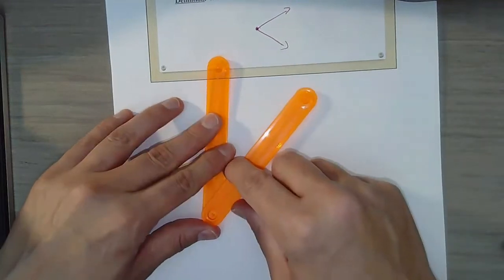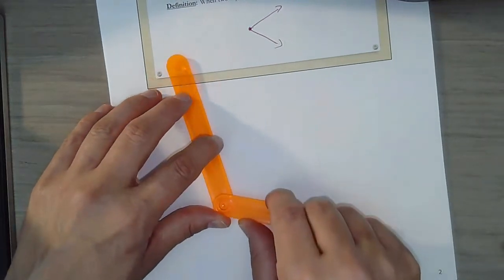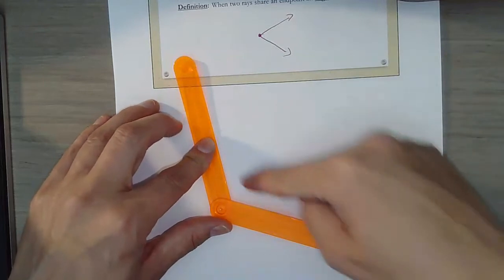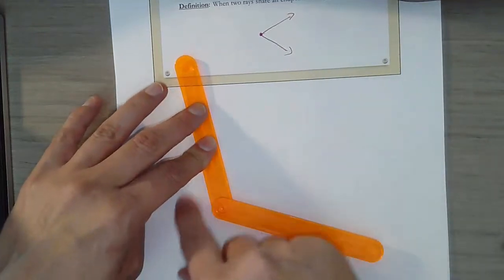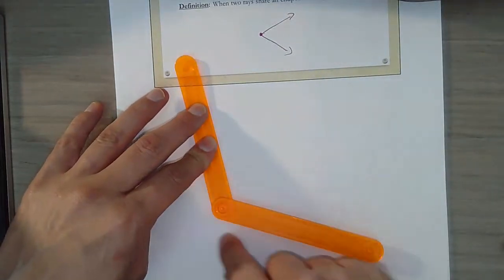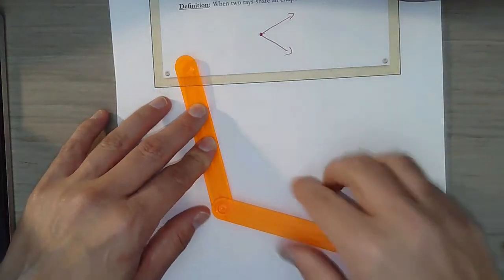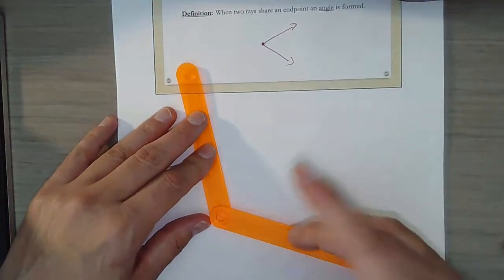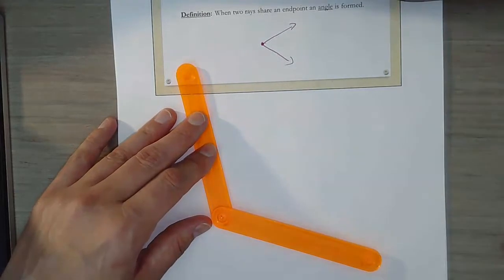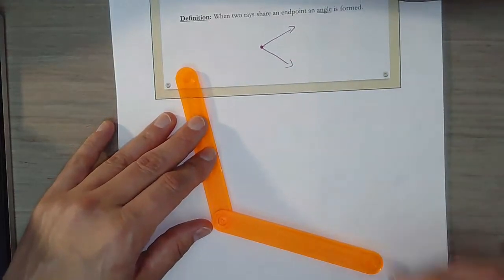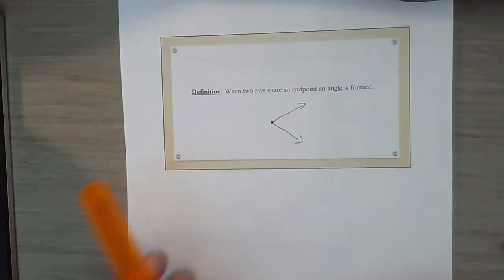Now we have to think about which angle we're measuring. Are we measuring this angle? Are we measuring the exterior angle or the interior angle? And we'll discuss those here in just a few moments. But we need to look at those different types of things.